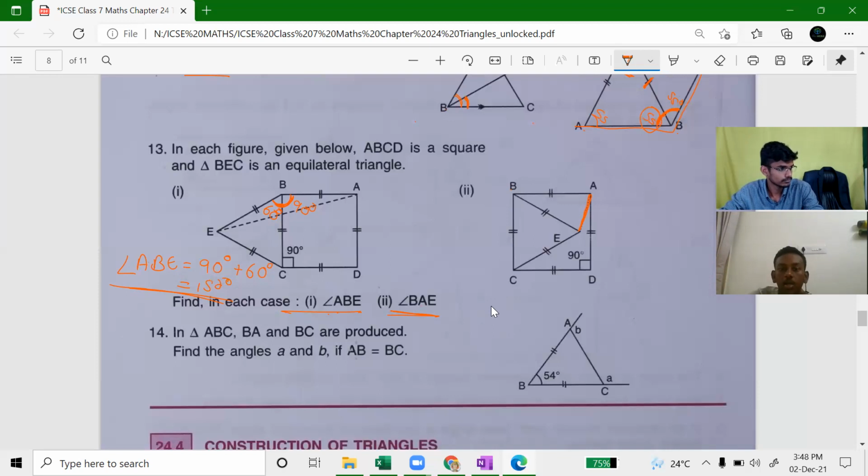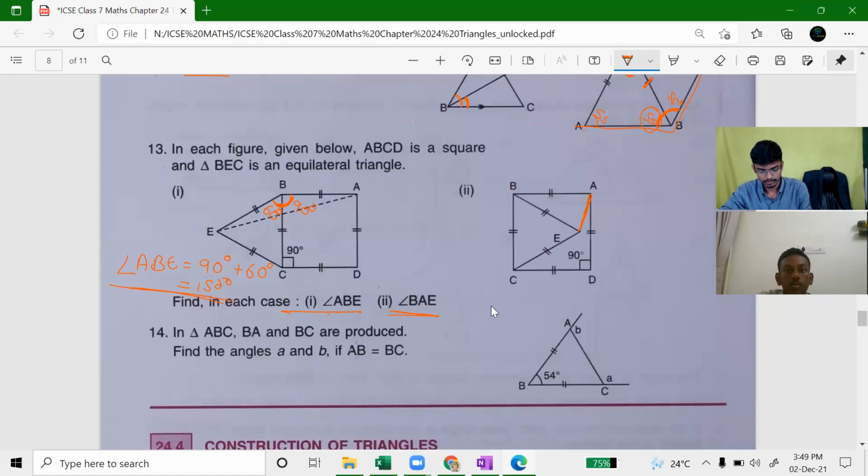The same thing which we did in the first one will be the same in this also.